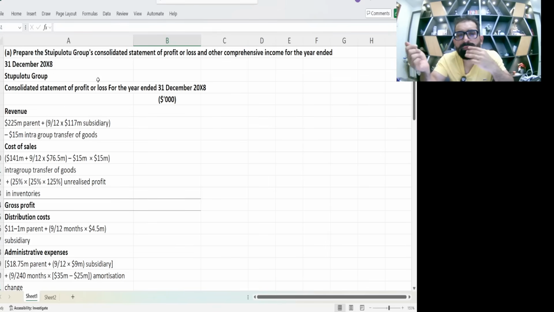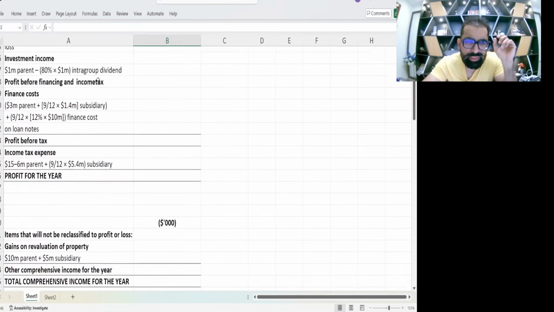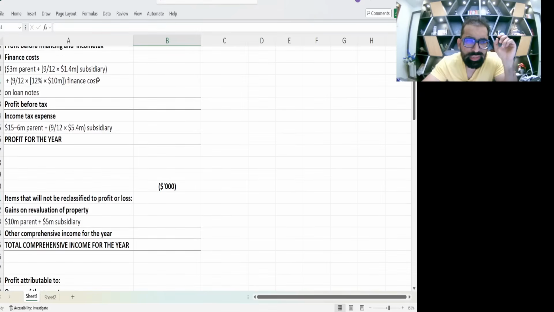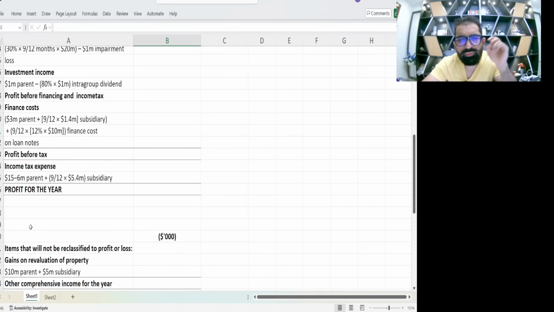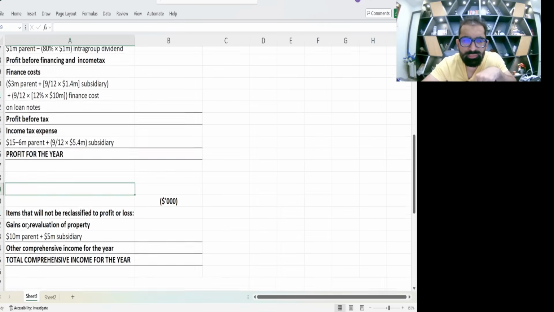So I have given a separate heading for profit and loss, and the next heading is for the statement of comprehensive income, or we call it other comprehensive income, right? I will write the heading here, don't worry.